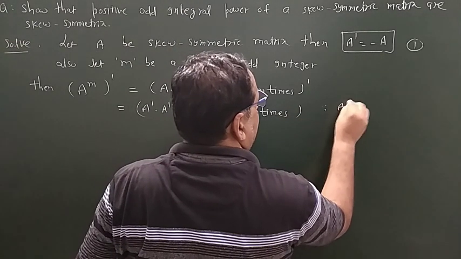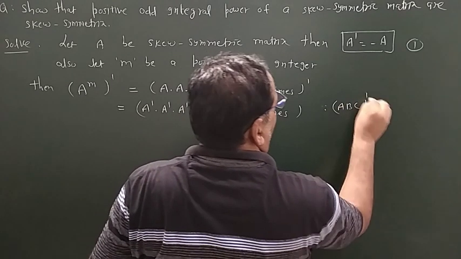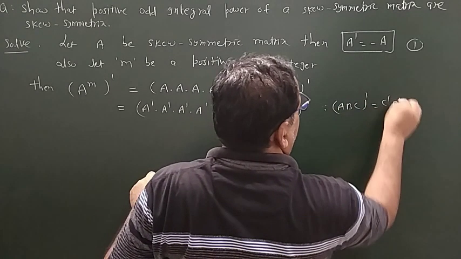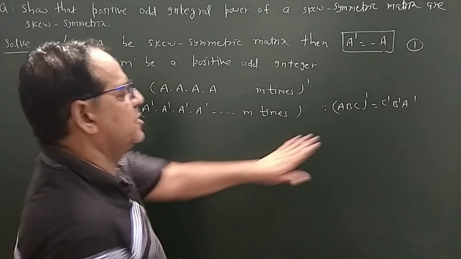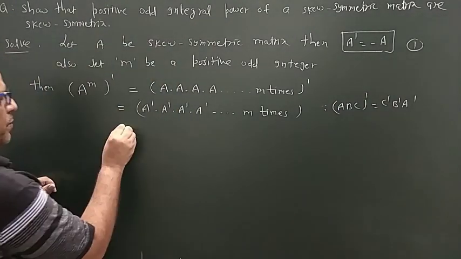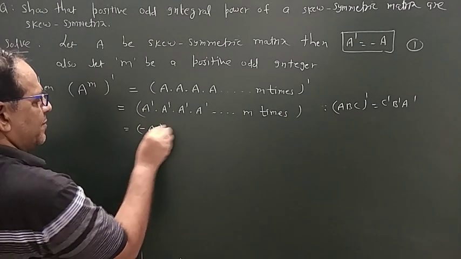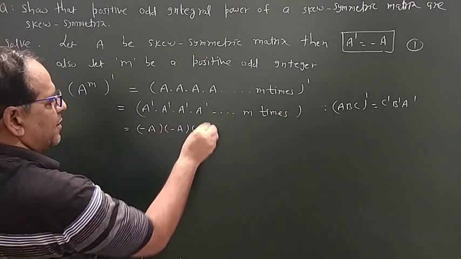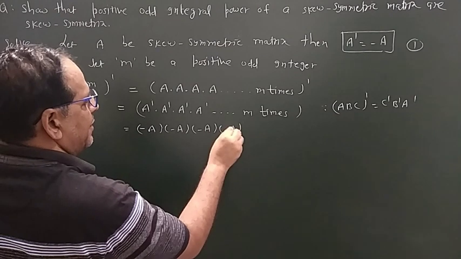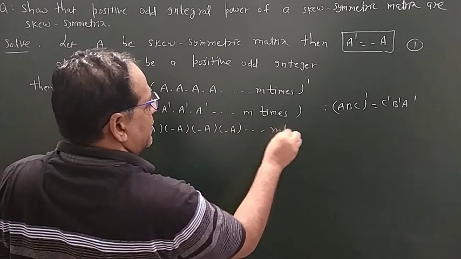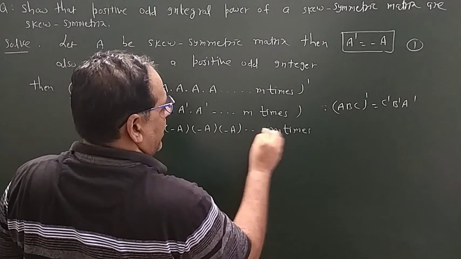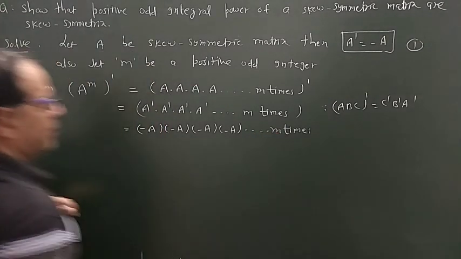Because (ABC) whole transpose equal to C dash B dash A dash. This is the property of transpose. Now A dash is equal to minus A, so minus A, minus A, minus A, how many times? M times.